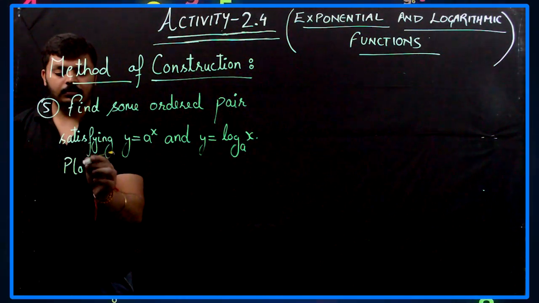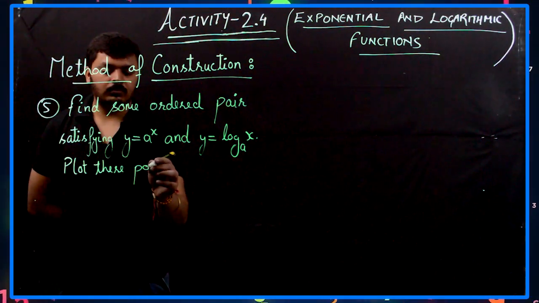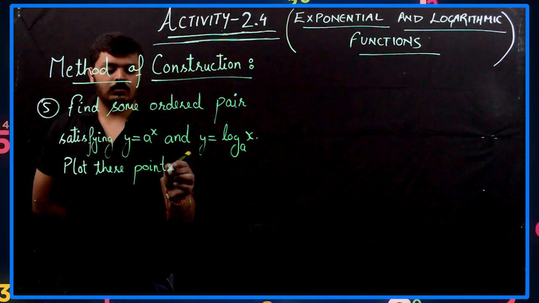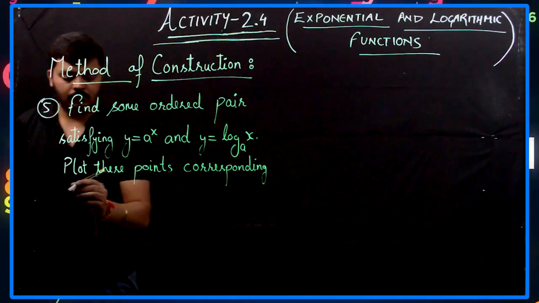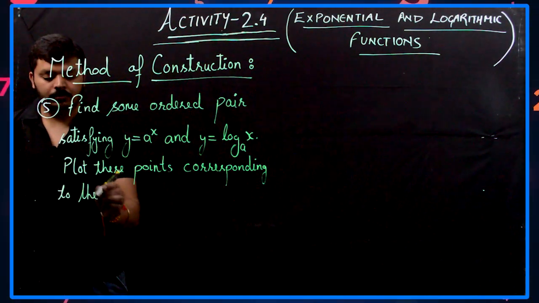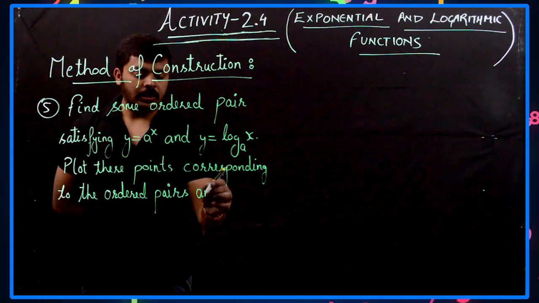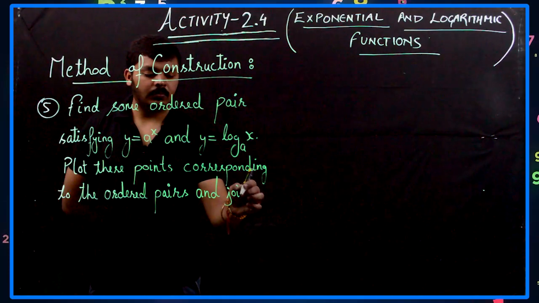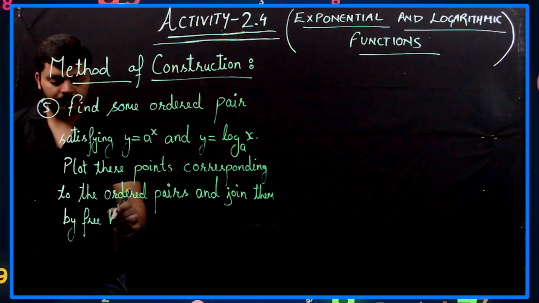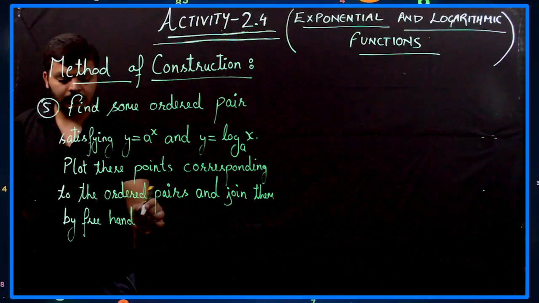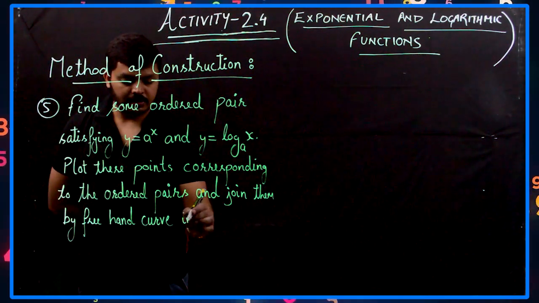Plot the points corresponding to the ordered pairs and join them by a freehand curve in both the cases.